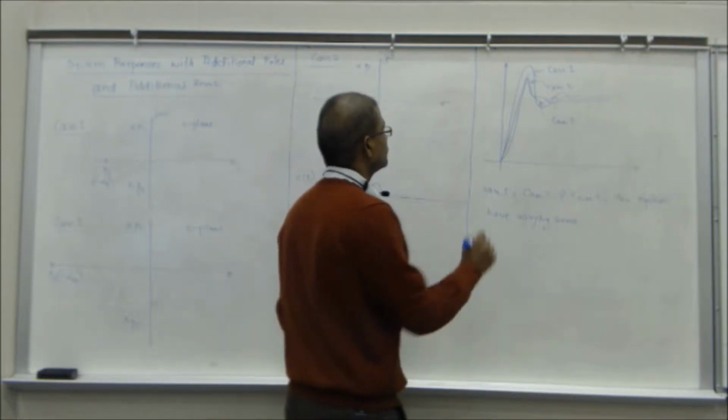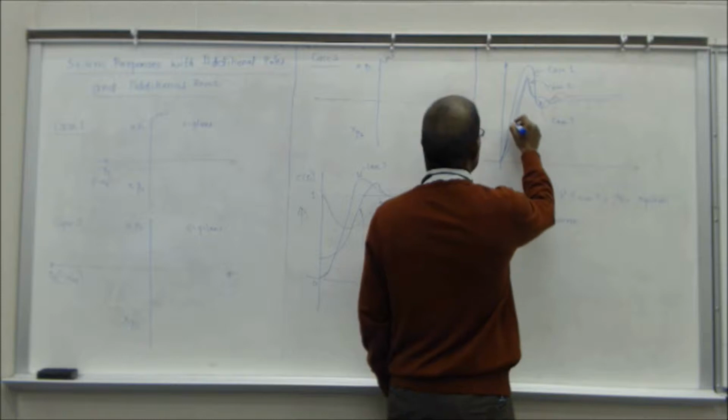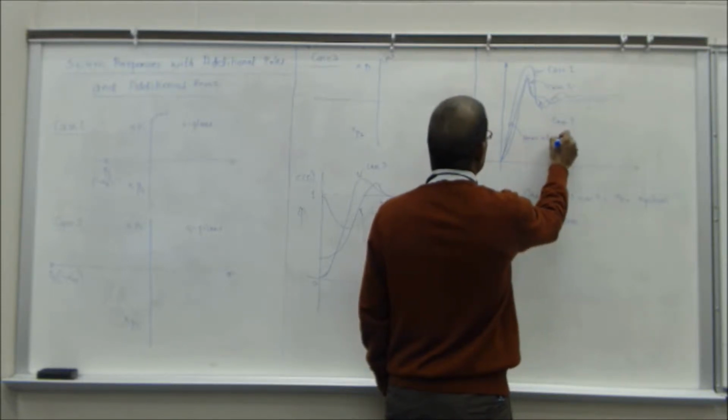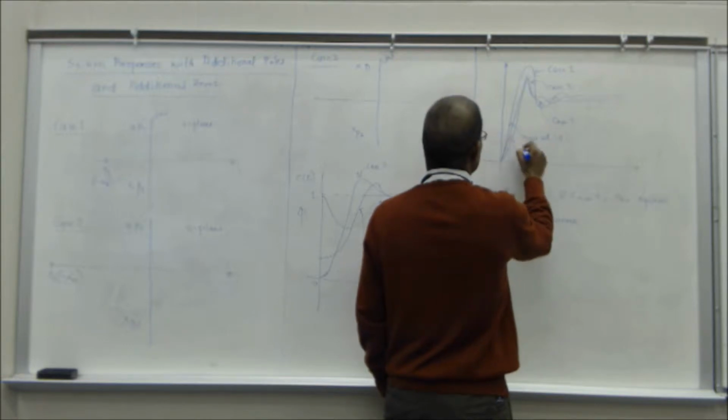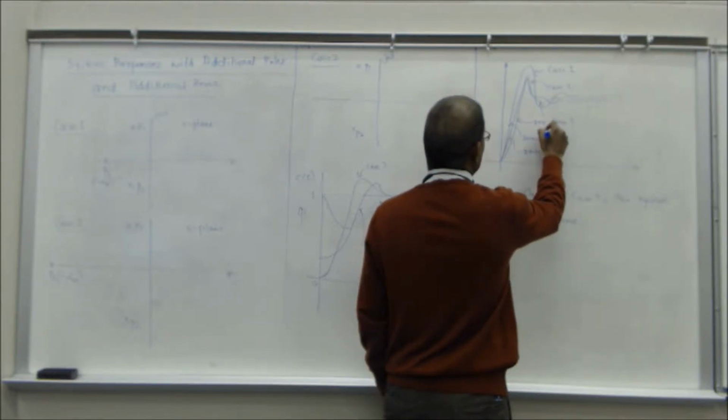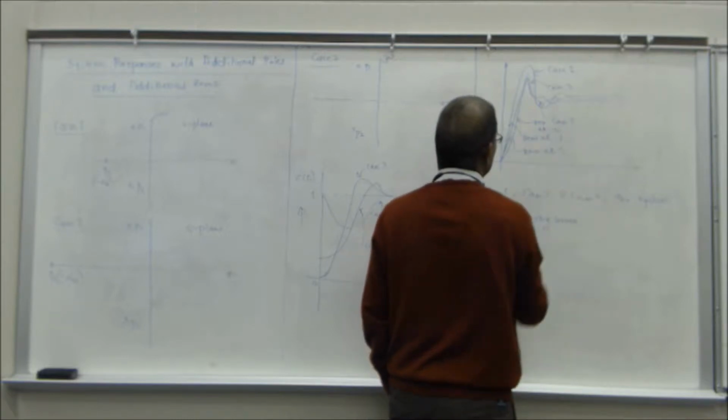So this one, let's say, has a zero at -3, a zero at -5, and this one has a zero at -10, something like that.